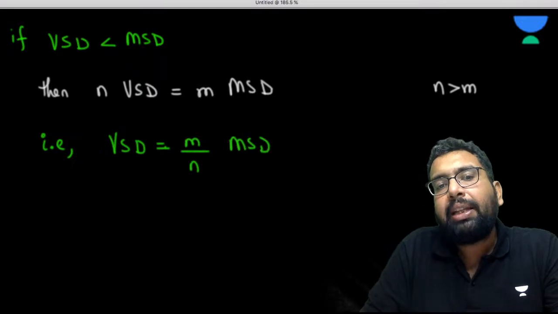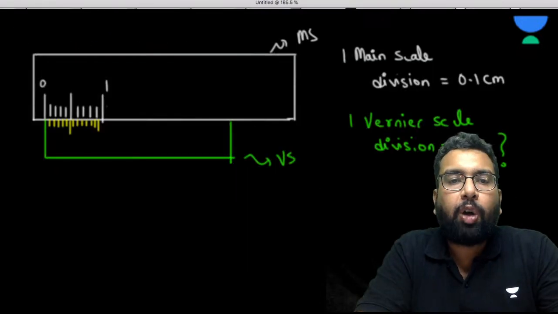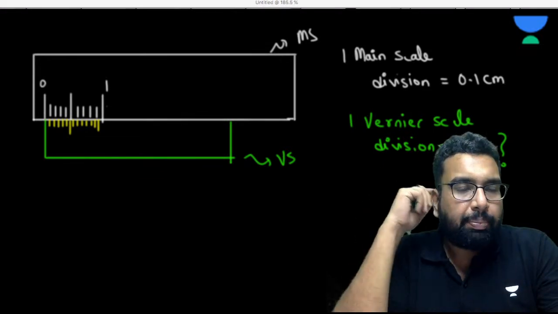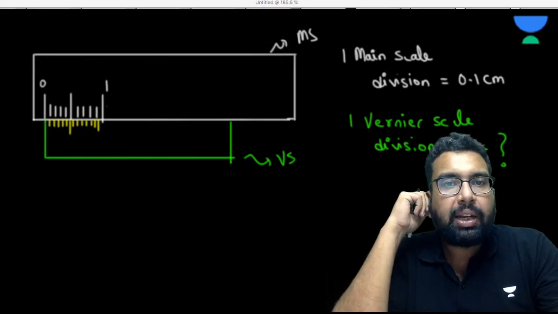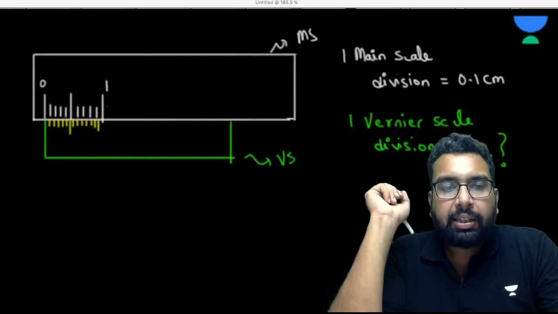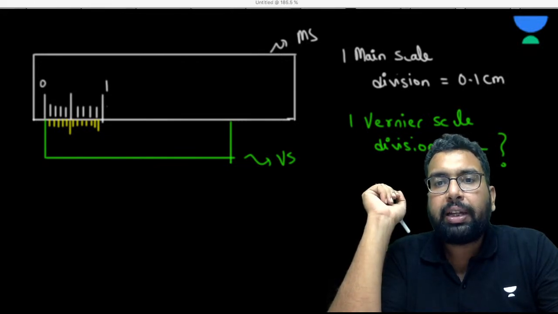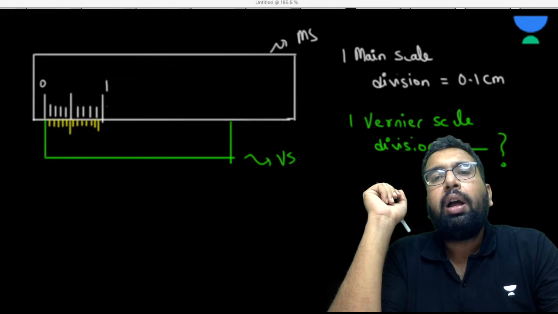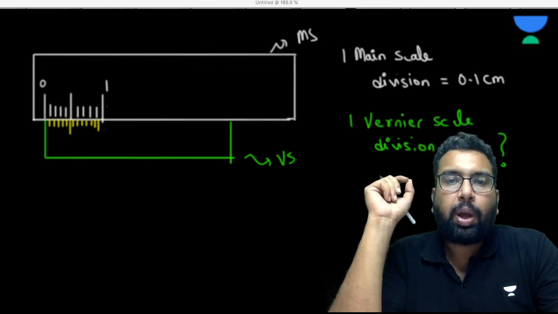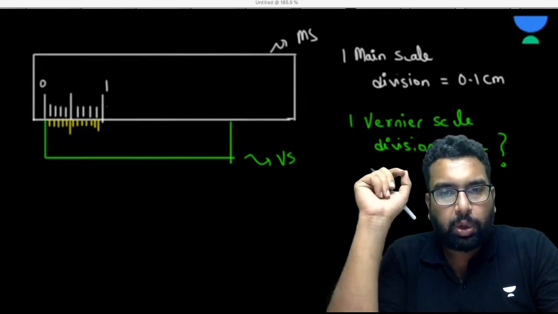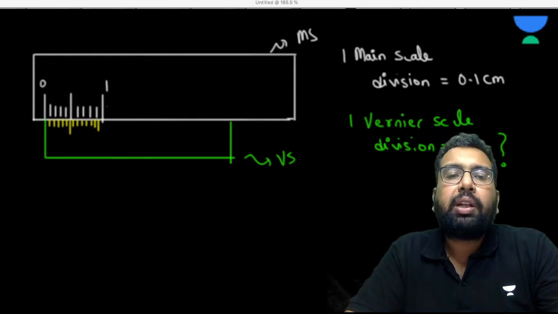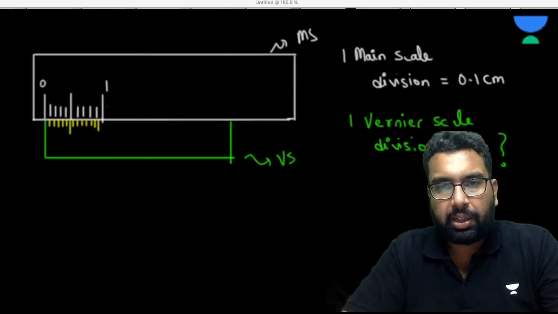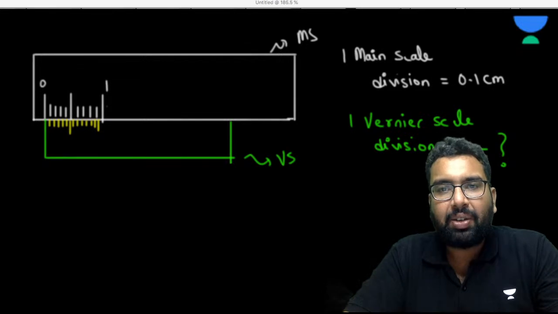The main scale is already calibrated in centimeters, so you know each division of the main scale gives you 0.1 centimeter, but you don't know what the Vernier scale division is equal to.